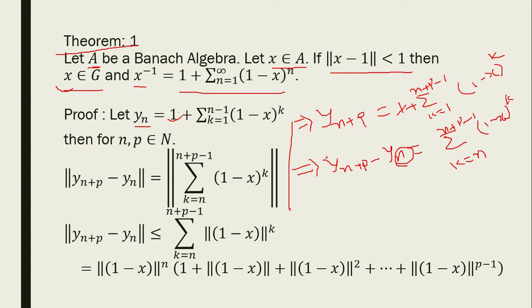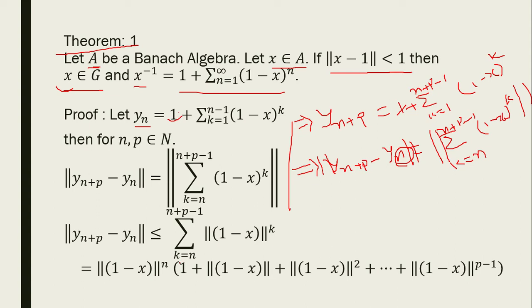Now we take the norm on both sides, so we get norm of Y n plus p minus Y n is equal to the norm of the summation k equal to n to n plus p minus 1 of (1 minus X) raised to k. Simplifying this, norm Y n plus p minus Y n is less than or equal to the summation k equal to n to n plus p minus 1 of norm (1 minus X) raised to k.